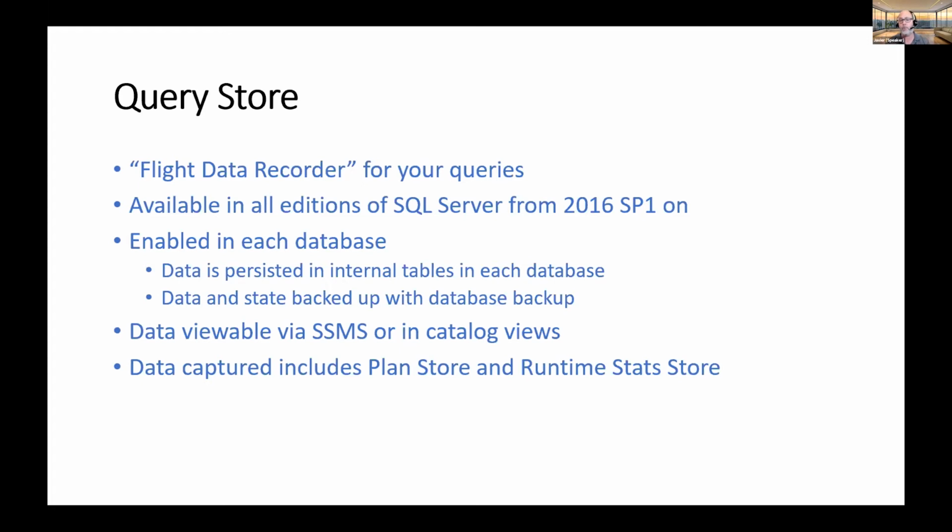And in a graphical way, we can see if a particular plan has changed over the last days or week, and if that plan was maybe not good enough, or at least not as good as the previous one, and we even have the possibility to force one particular plan from this Query Store dashboard, or even with T-SQL, right?